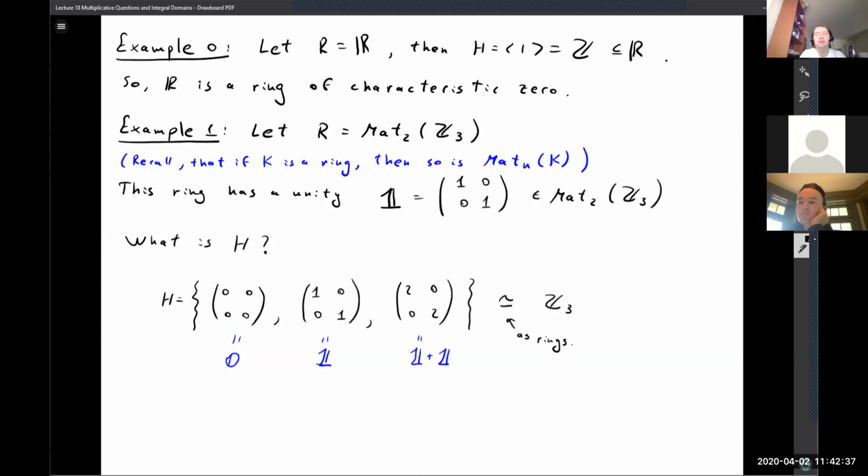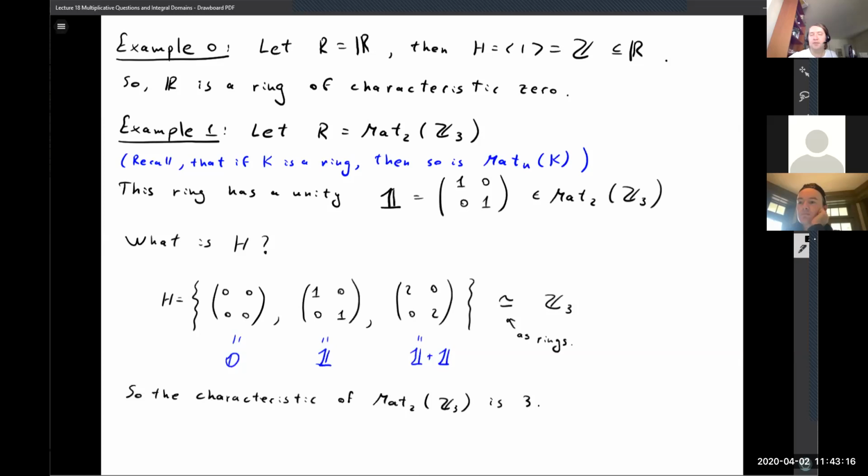Because if you multiply a diagonal matrix by another diagonal matrix, the elements on the diagonal just multiply, right? So you will get precisely the same addition and multiplication as in the ring of integers mod 3. So in this case, the characteristic of Z3 is 3.